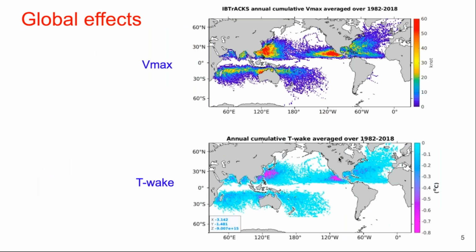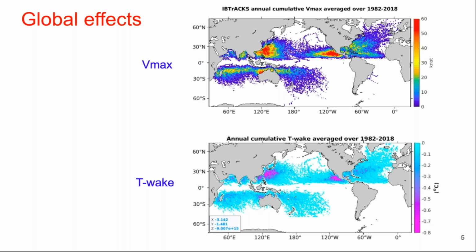So how about the global effects? Here we show a map of the cumulative wind intensity of tropical cyclones, annual cumulative and averaged over the period 1982 to 2018.